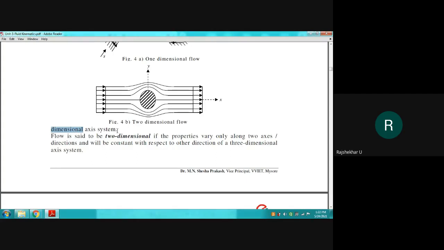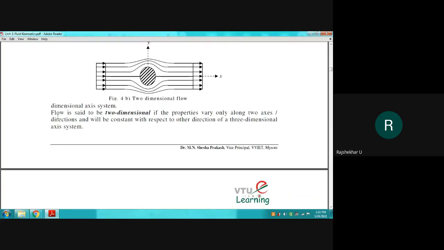So this is one-dimensional flow. What is two-dimensional flow? Flow is said to be two-dimensional if the properties vary along two axes. Here it is not axis, it is axes. Two axes or directions, and will be constant with respect to the other direction of the three-dimensional axis system.